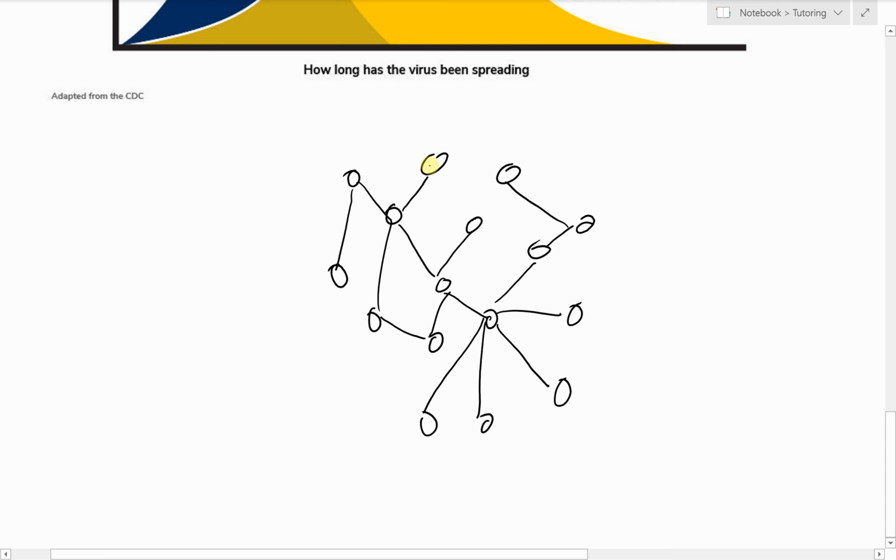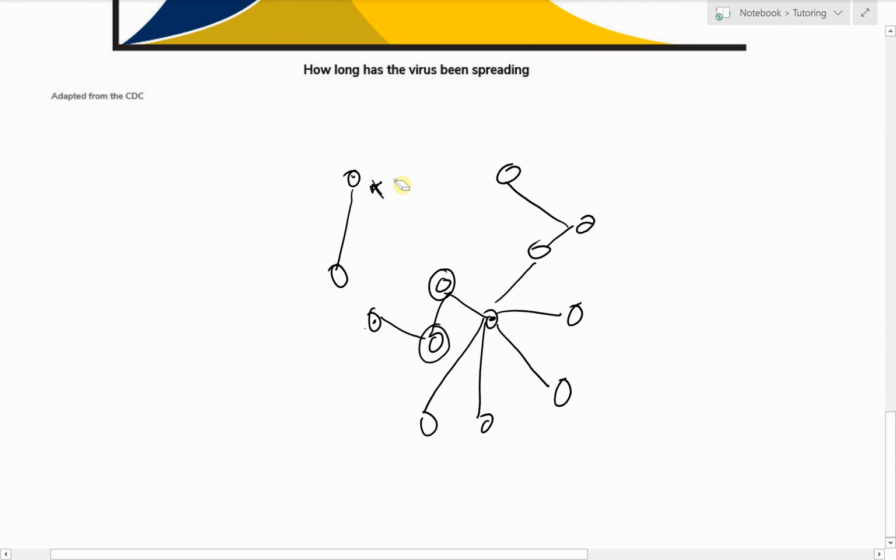So if this person has the vaccine, this person has the vaccine, this person's had the virus before, and this person's been vaccinated, and this person gets infected, they can't infect that person, or that person, but they can go through and infect this person, and then these people get sick, and then this person gets sick. However, there are lots of roadblocks, and those roadblocks slow down how quickly the infection can occur, and they also prevent the total number of people who get infected.